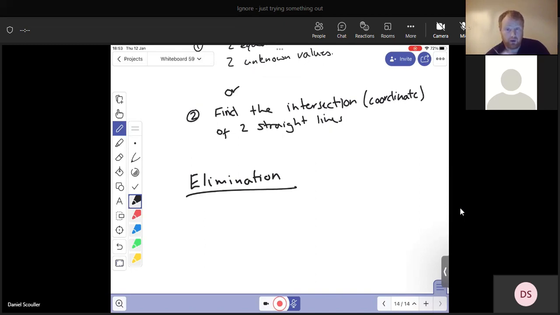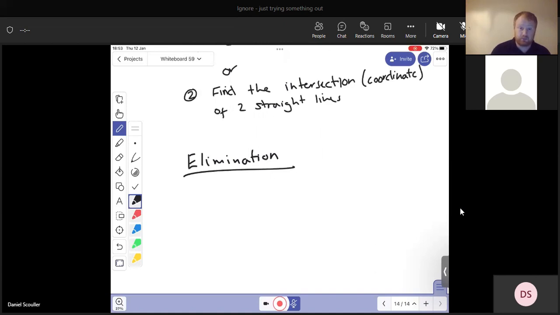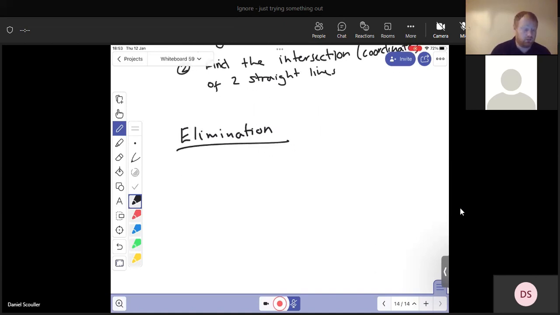Now if you were taught the other method in school and you're comfortable with it, and you don't like this one, I don't mind. Or if you've got a tutor and they tell you another way of doing it and you're comfortable with it, both work. You can do both in the exam, they're worth the same amount of marks. I'm going to teach you one method so I don't confuse you. This is the method I like. If you really don't get it, we can have a wee look at the other one.